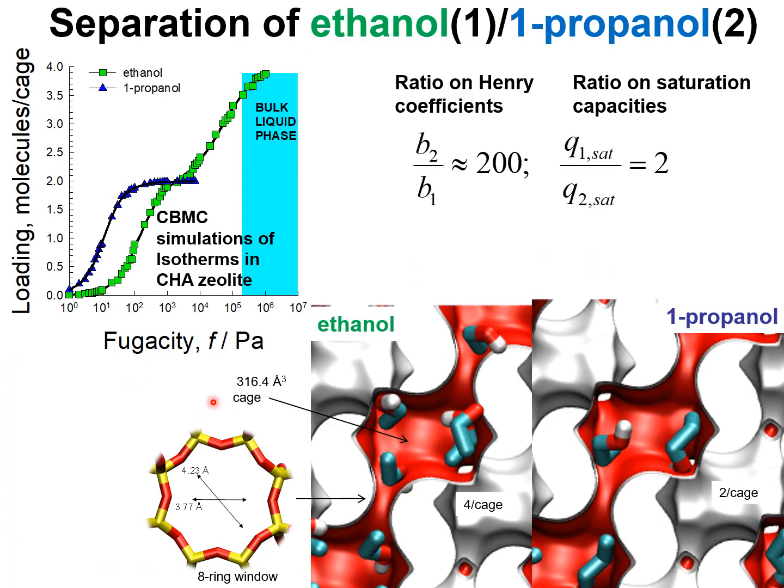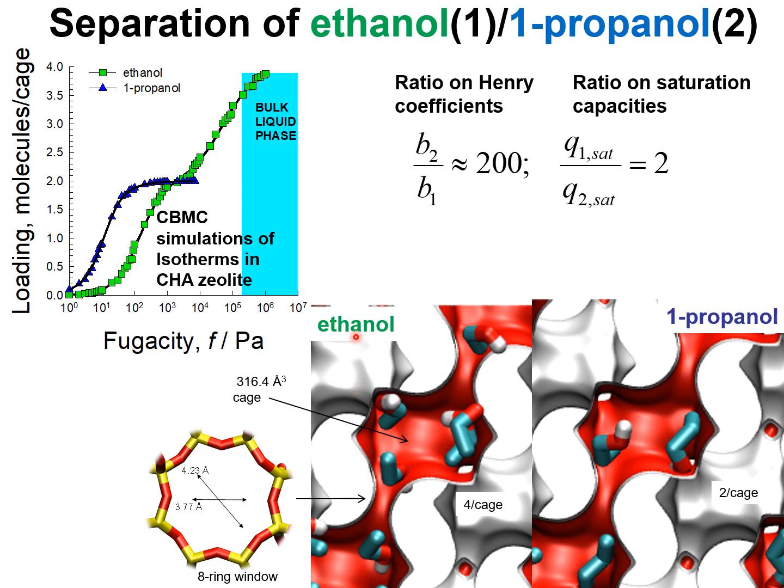We now move on to separation of mixtures of ethanol and 1-propanol in Chabazite zeolite that consists of cages separated by narrow 8-ring windows.